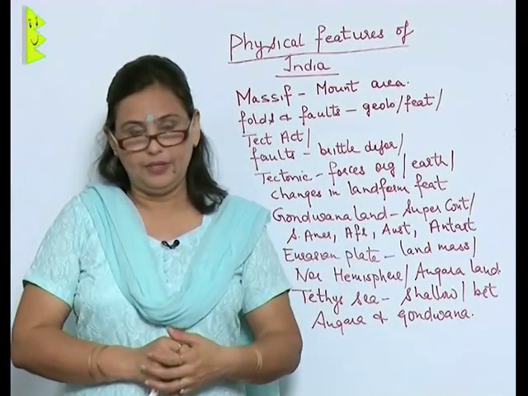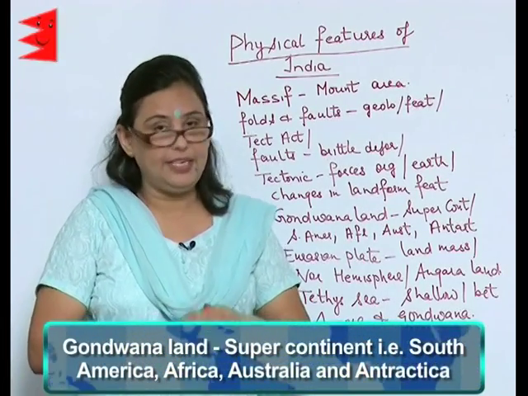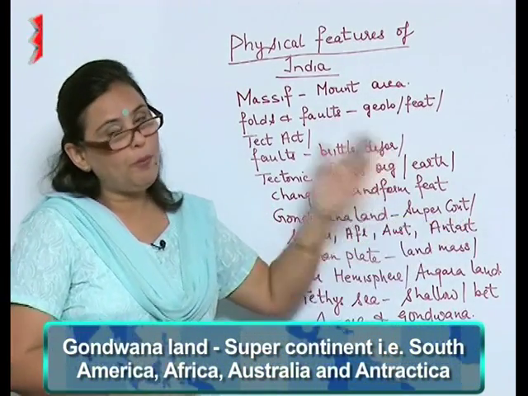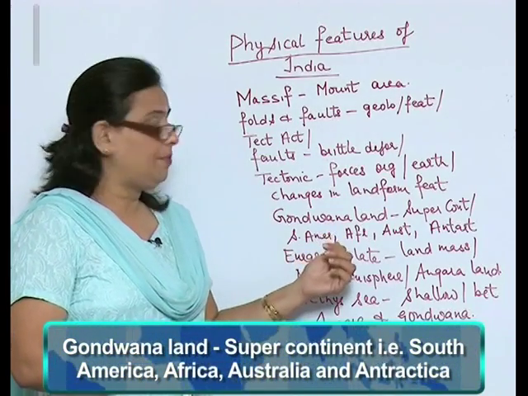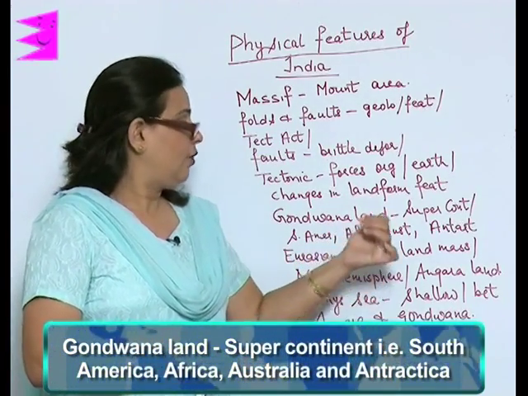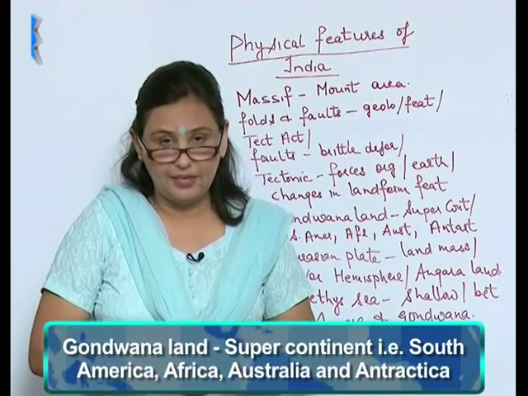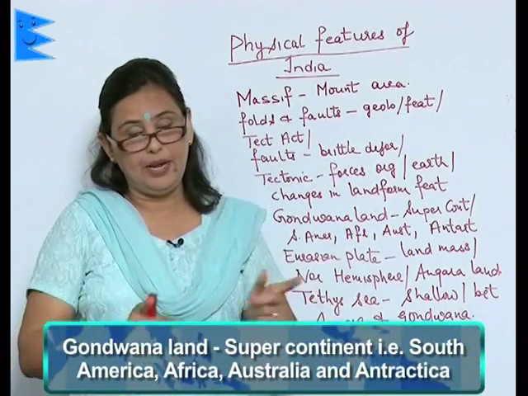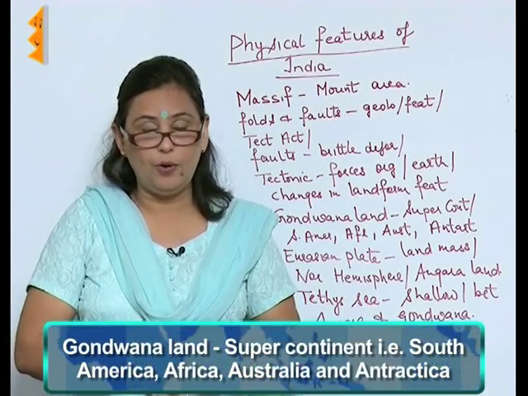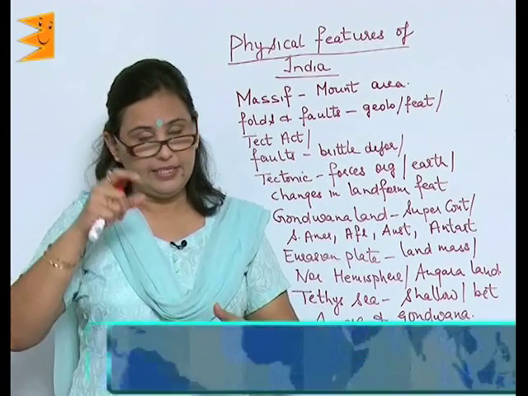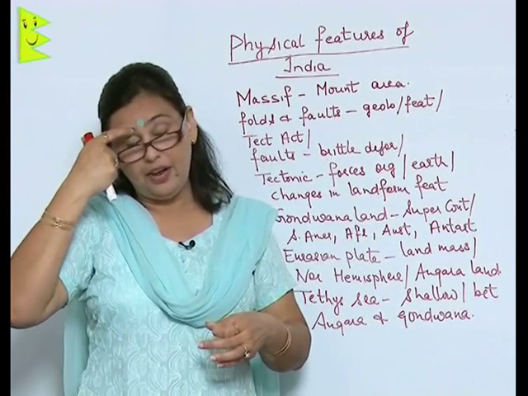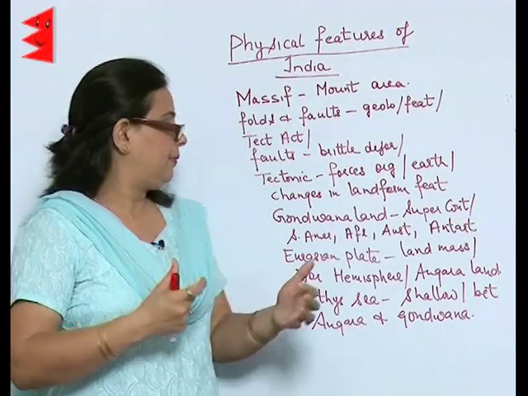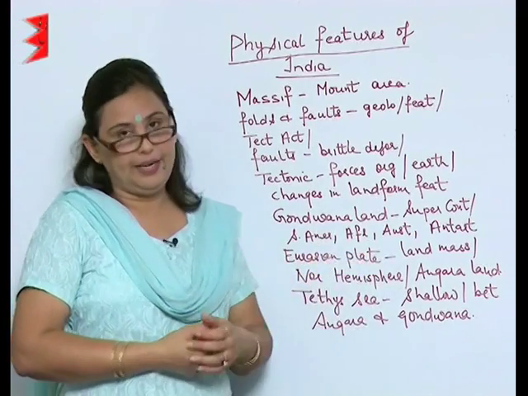Gondwana land. Gondwana land was indeed called a supercontinent. It was South America, Africa, Australia and Antarctica combined together, called the Gondwana land. And we will see how from here the things changed and various continents were formed. Eurasian plate.